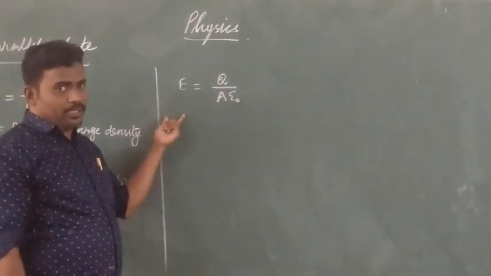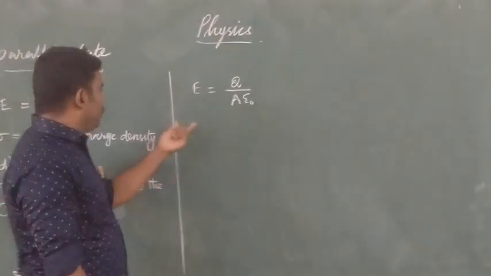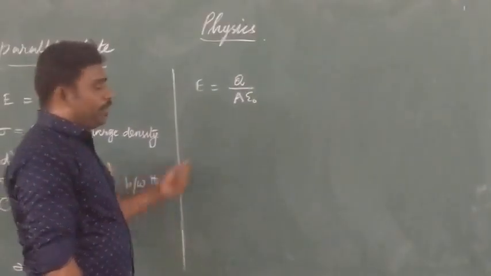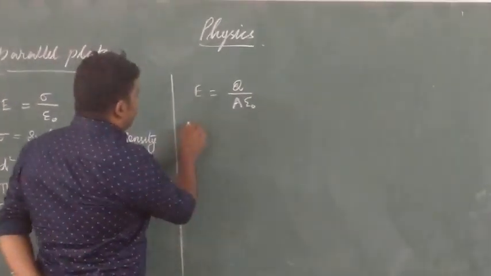Since the electric field is uniform throughout the parallel plate capacitor, we can calculate the potential difference between the plates.